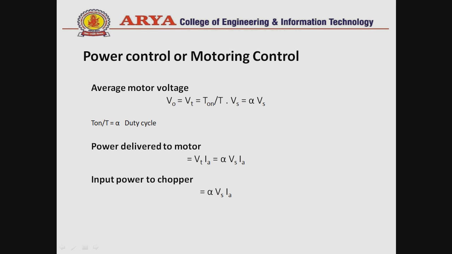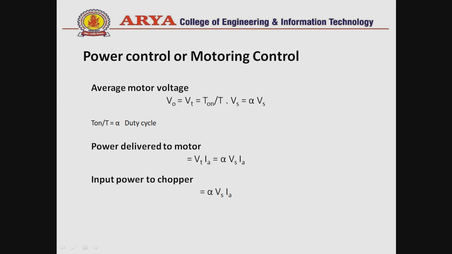Now the average motor output voltage, that is V out equal to Vt, the terminal voltage, is equal to T on upon T multiplied by Vs. T on upon T is the duty cycle alpha, so Vt equals alpha Vs. This equation is the same as for the step down chopper.